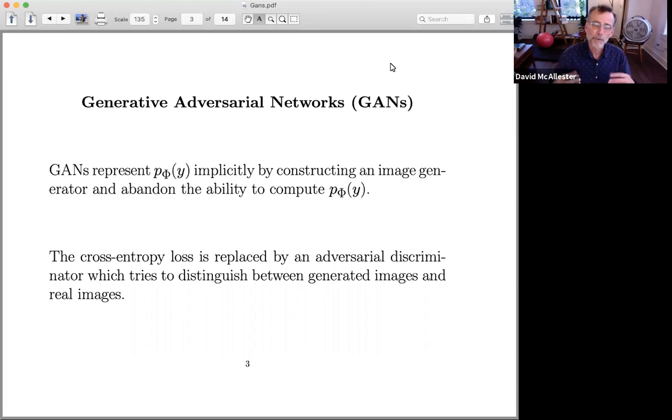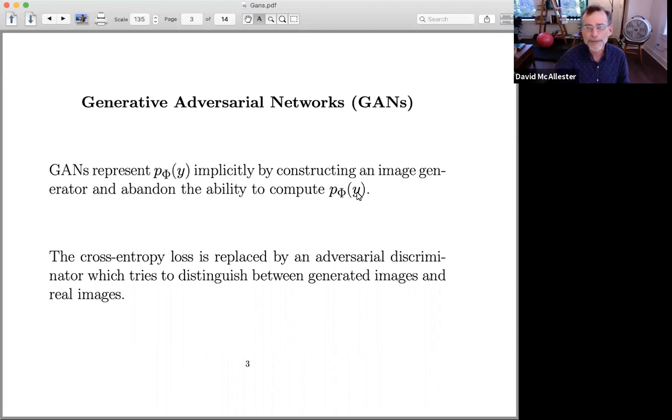Now, if you represent the distribution by a generator, you don't have any way of computing the probability of a given test image. You can generate images, but if I give you an image, you can't say what's the probability that the generator will generate that image. And in GANs, this is overcome by replacing the cross-entropy loss with the discrimination loss.